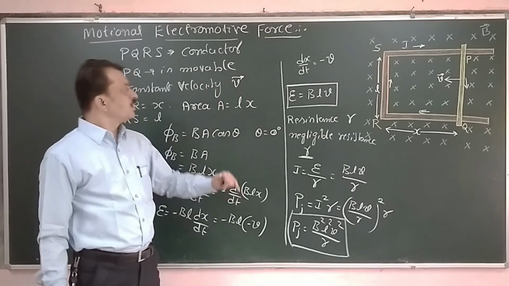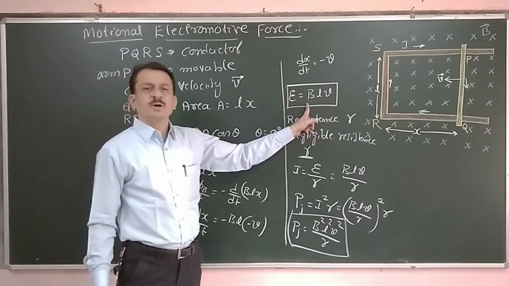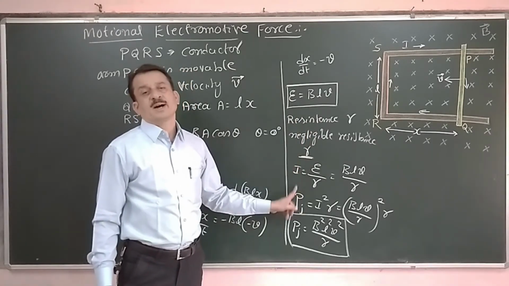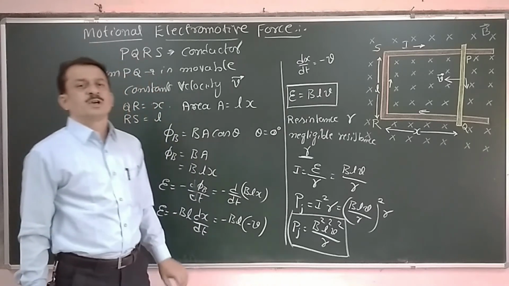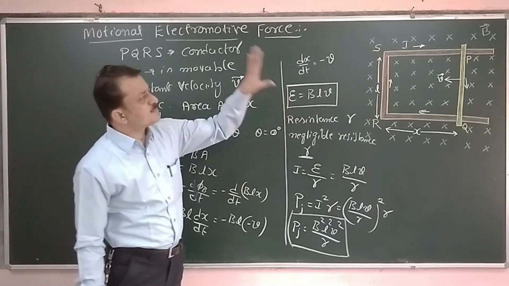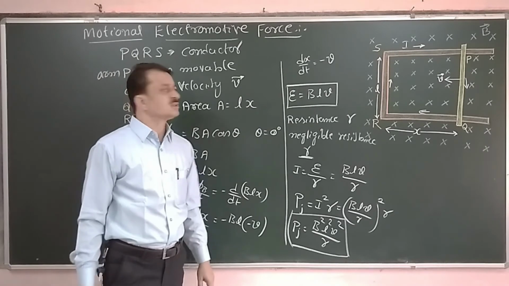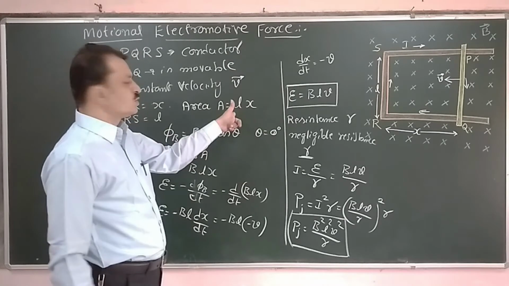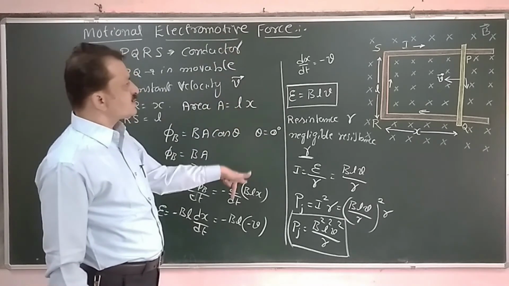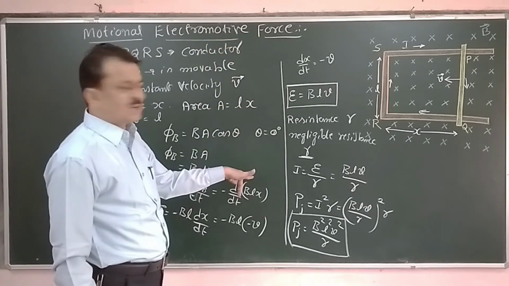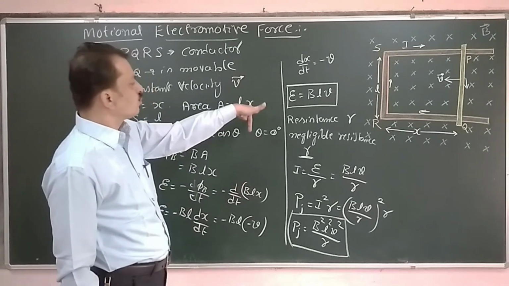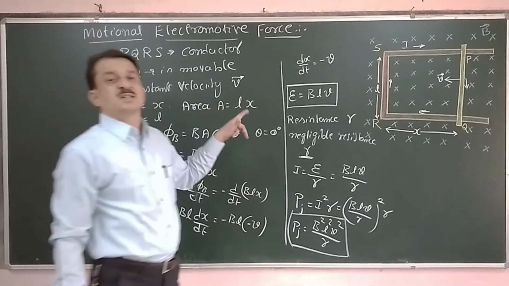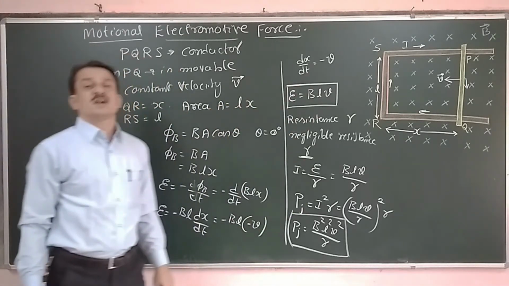Because of that, a motional EMF is developed, and because of that we have a current in that conductor. Now the current carrying conductor is placed in the external magnetic field. Clear? The magnetic field is into the plane of the board, therefore the forefinger is into. The current is from P to Q, downwards. Then obviously the extended thumb represents the magnetic force experienced by the conductor.